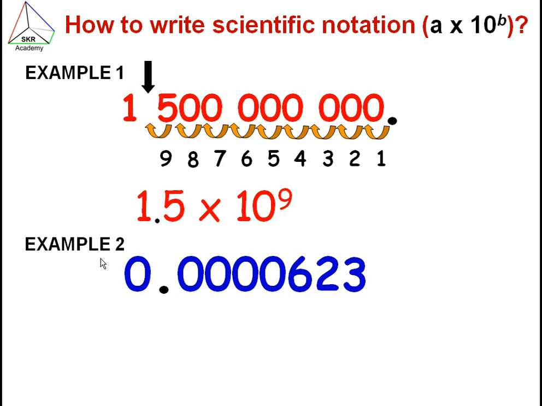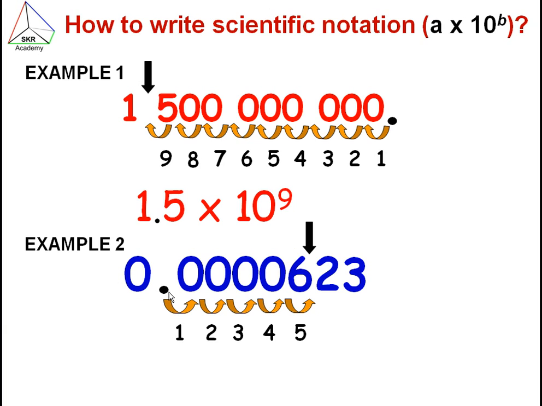Let's see another example, number 2, where we have to convert 0.0000623 into scientific notation. Here we will move our decimal from the left side to the right, and we will put this decimal just after the first integer, the first non-zero value. So let's move: first, second, third, fourth and fifth.